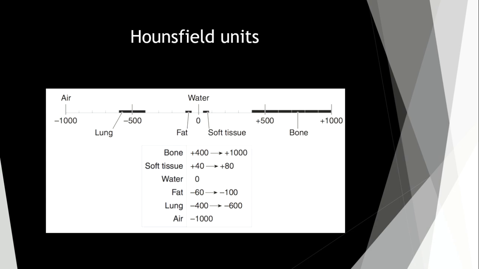If we talk about bones, it's from plus 400 to plus 1000. But if we want to speak frankly, close to plus 1000, it's metal details, part of a prosthesis on the CT.